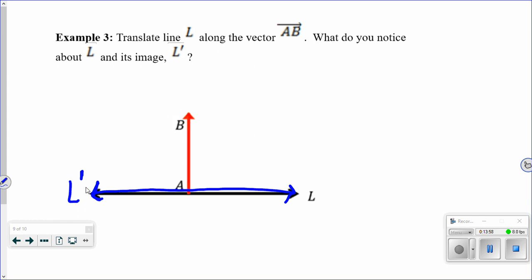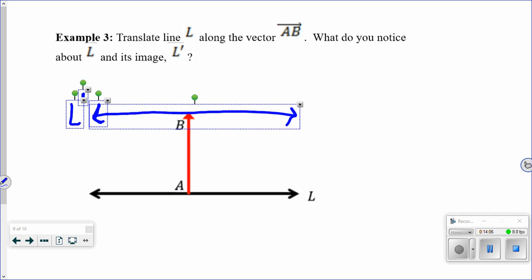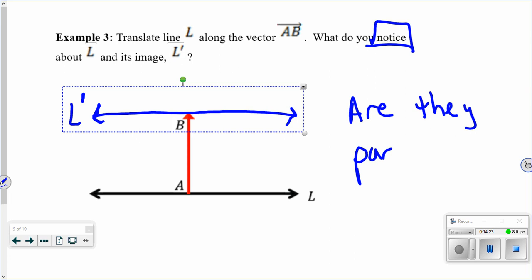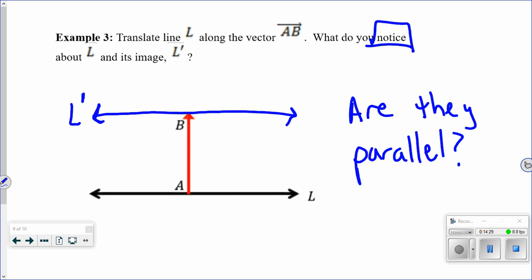So now we translate our line L prime from south to north. Again, what do we notice? Are the lines parallel, or do they coincide? You let me know which one.